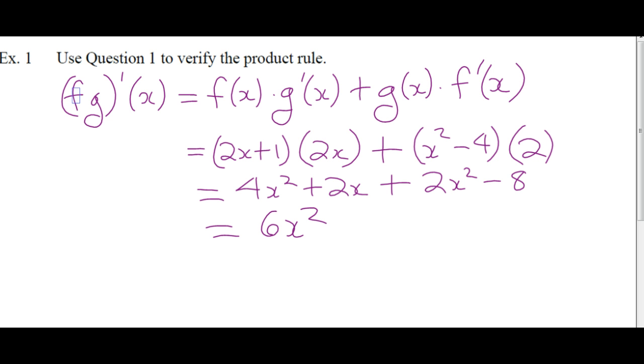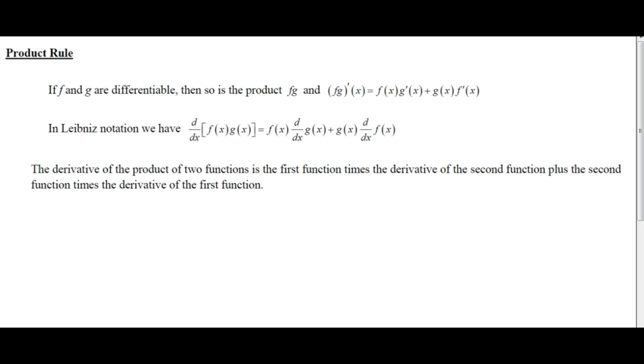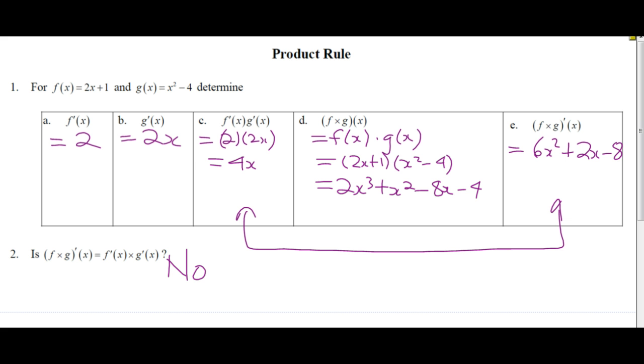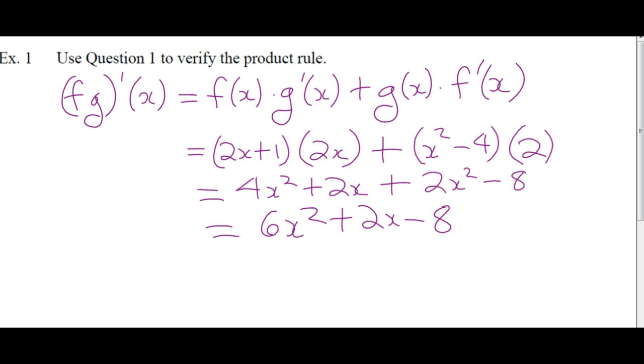So 6x squared plus 2x minus 8. Which is what? A quadratic. It's the derivative of... where did it go? At the top. Okay. Check. Hey, works. Right?